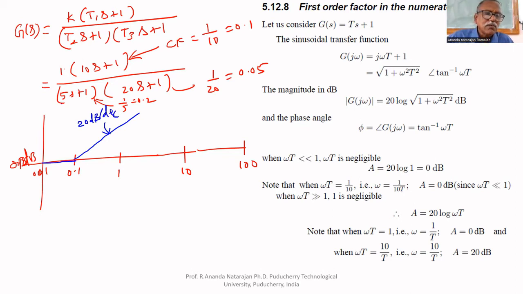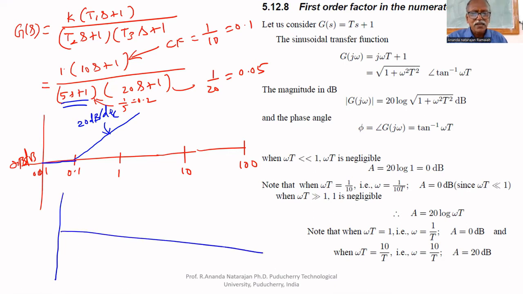For this 5s plus 1, what is the corner frequency? 0.2, it is here. To understand, let us put 0.1 here and 0.2 here. This is corner frequency 1, this is corner frequency 2, this is corner frequency 3. I marked all these corner frequencies.